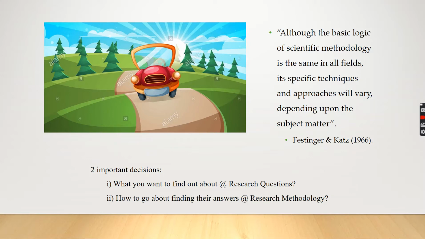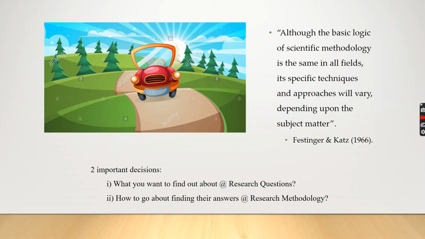Along the way, there are various obstacles. You have to understand the rules and regulations. You have to follow certain norms, and so on and so forth. Again, the sequence of the steps is not fixed.